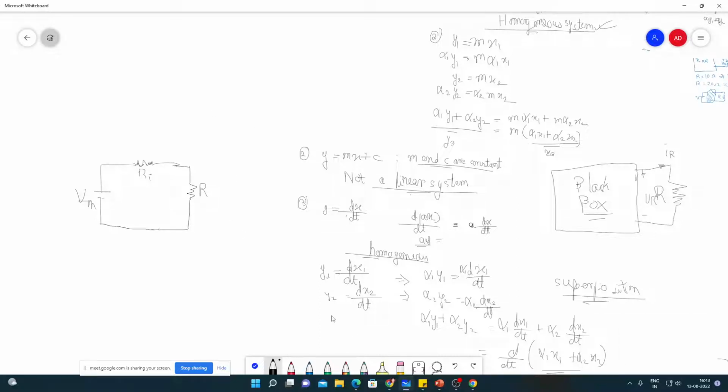Now what you need to do is remove this load resistance. Think that the load resistance has been removed. So what is this voltage VR? Anyone? The load resistance has been removed. It's open. So what will be the voltage across the terminals?